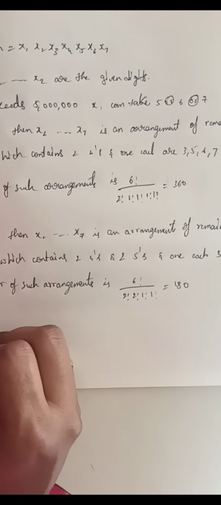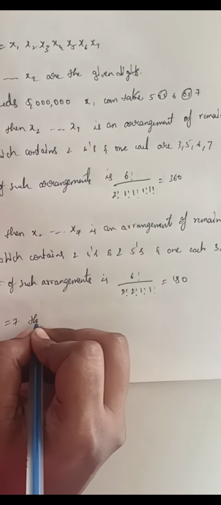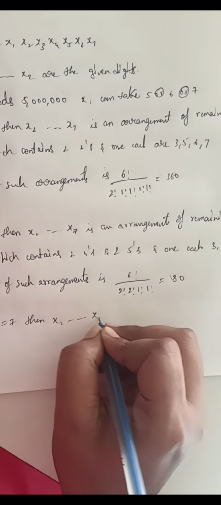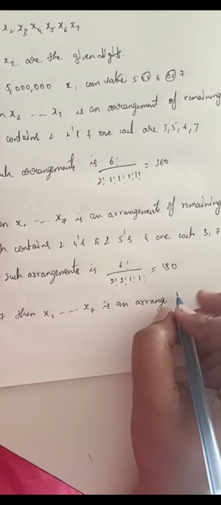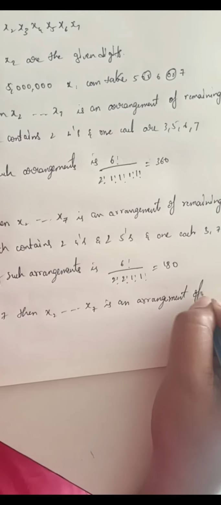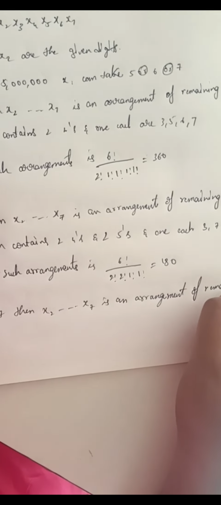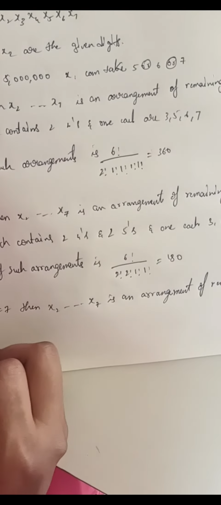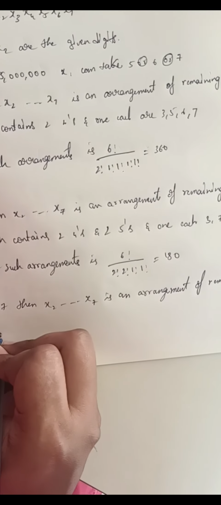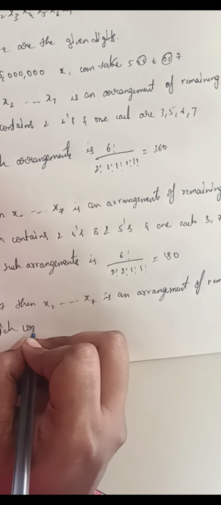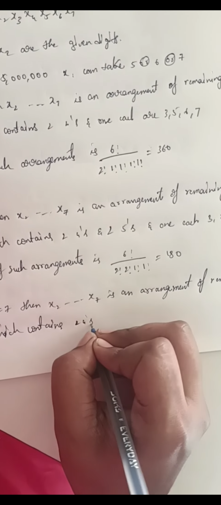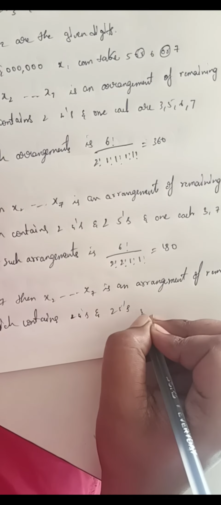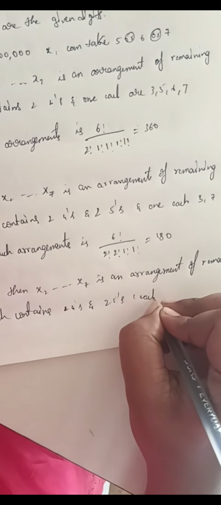If x1 is equal to 7, then x2 up to x7 is an arrangement of the remaining digits, which contain two 4s and two 5s, and one each of 3 and 6.